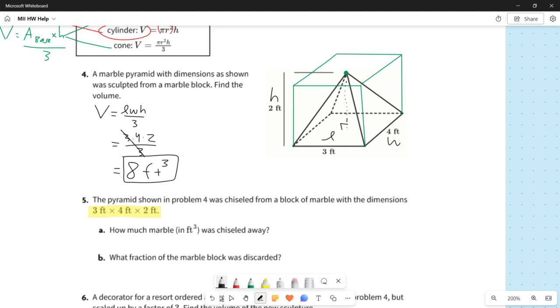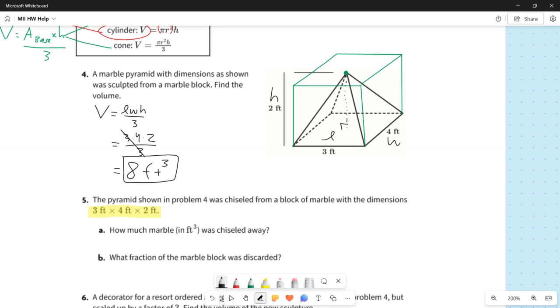Hopefully that doesn't make things more confusing, but you can see how the original block was not a cube, but almost like a cube. And then from that rectangular prism, we chiseled away, and now we're left with the pyramid that was inside the block. So 5a is asking how much marble in cubic feet was chiseled away.